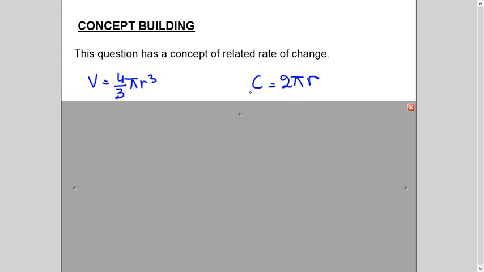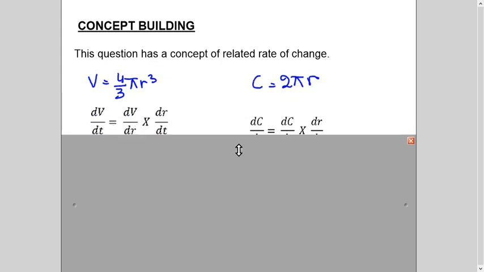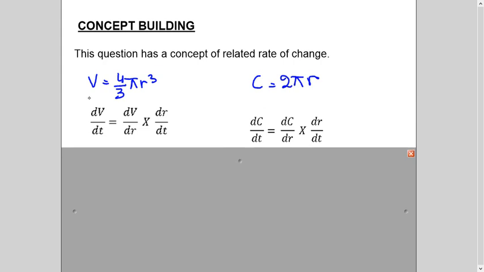It means how much the circumference changes in a particular time period, how much the volume changes in a particular time period. You can see the formula: V is connected with r, not with t. Similarly, here C is connected with r. So in that case, we apply the chain rule, right? dV/dt equals dV/dr times dr/dt.